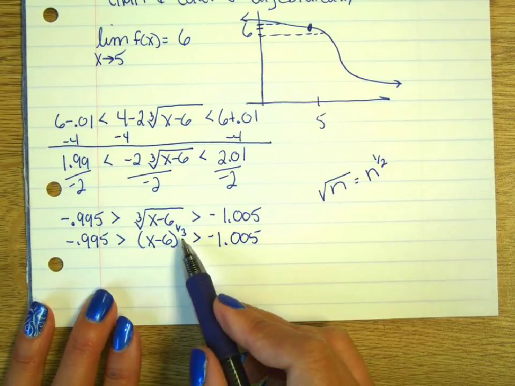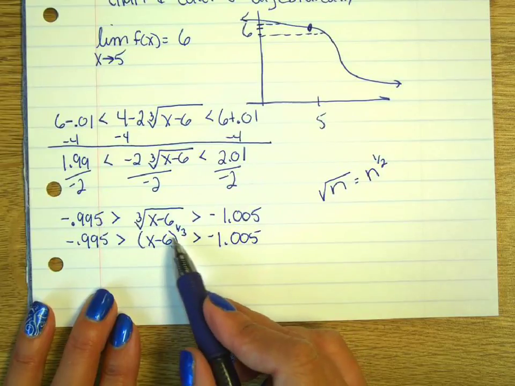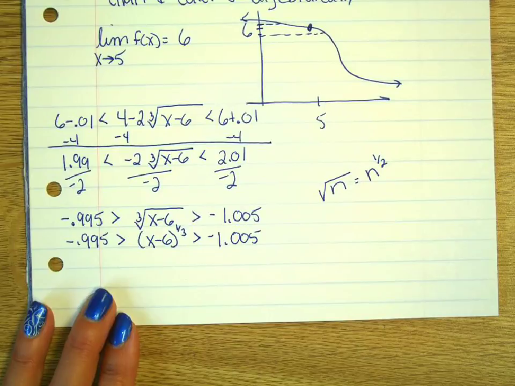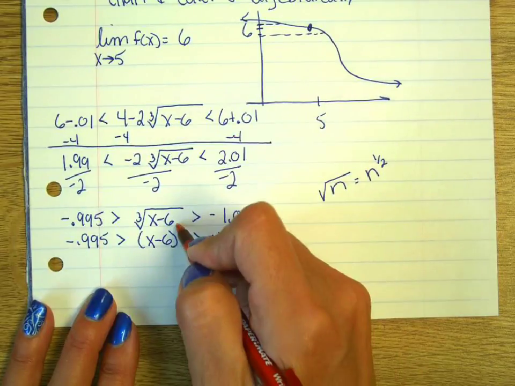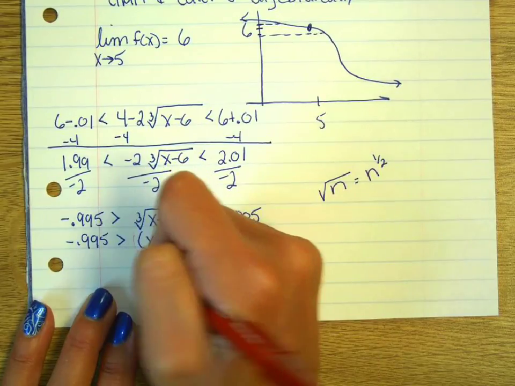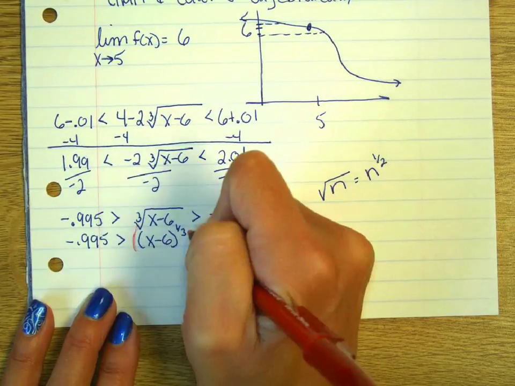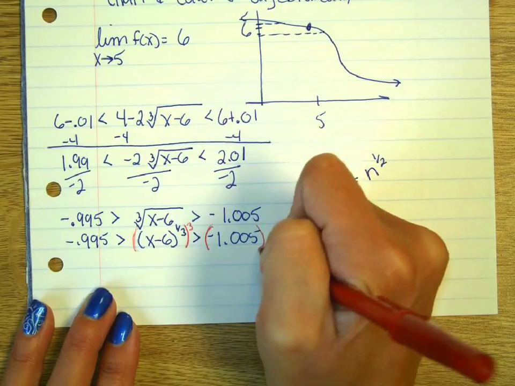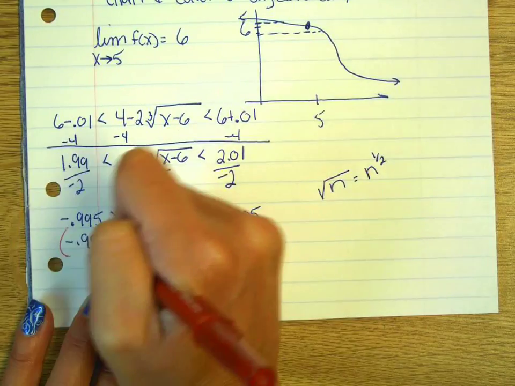Now I can easily see what I need to do to get these parentheses, this 1/3 power, to go away, if you remember your exponent rules, is raise it to the reciprocal power. And the reciprocal of 1/3 is 3. So what I'm basically doing is cubing this, which means I've got to cube this and cube this.